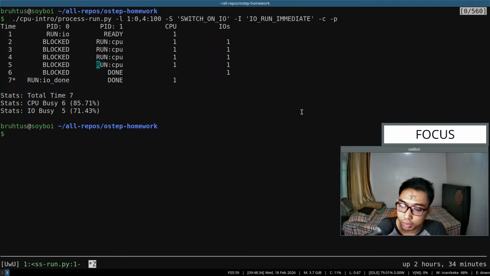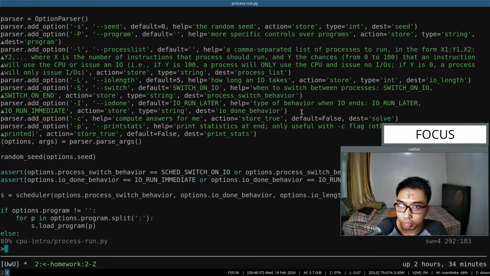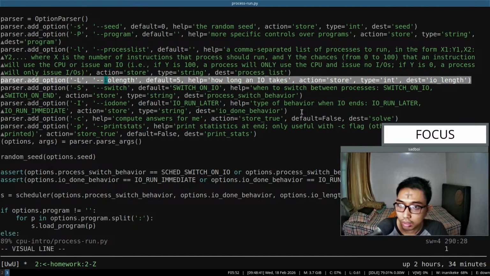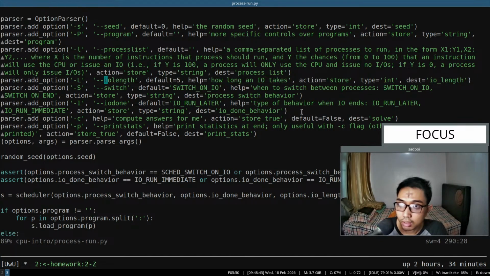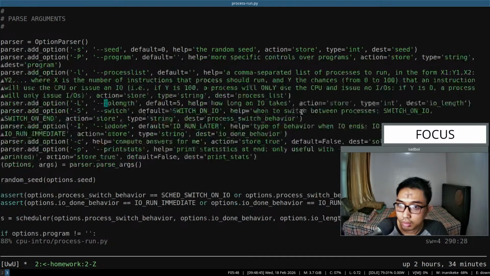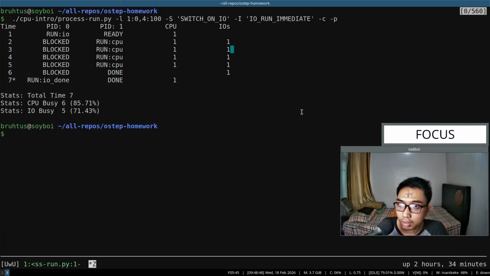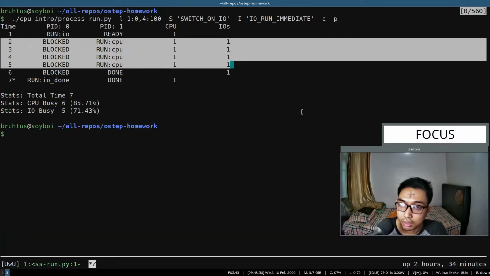Still running the CPU, okay. Maybe we can change the IO length so that the IO can finish quicker than the CPU one.